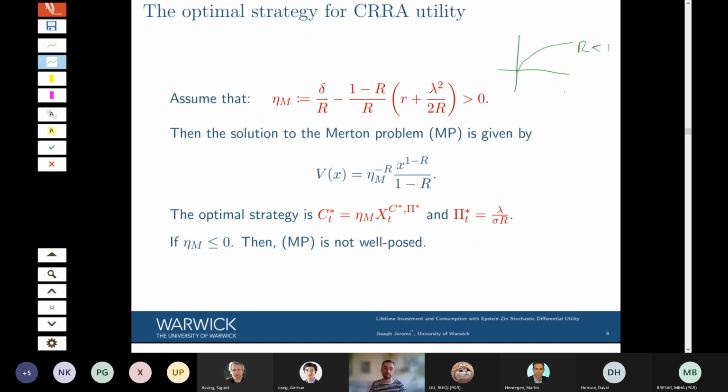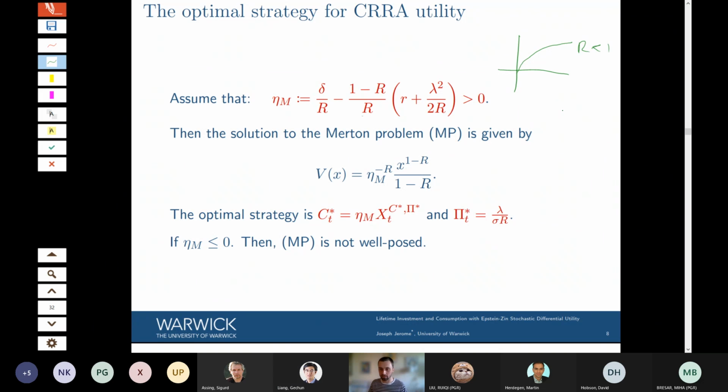In this setting there are attainable consumption streams that give you positive infinite utility, and because there are many of them, the problem isn't well posed. In the case r greater than 1, every single consumption stream gives you negative infinite utility, which is in some sense even worse. All right, thank you.